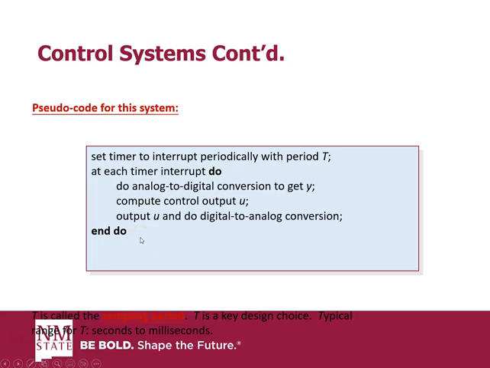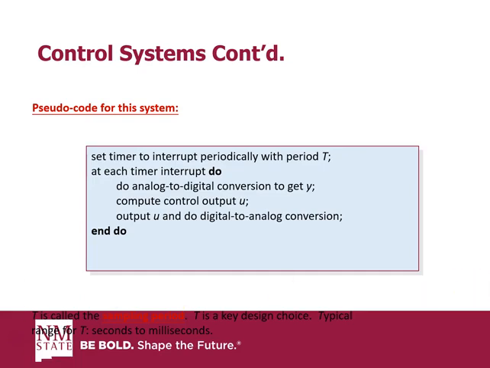continuously adjusting the system. As noted, T is called the sampling period. This is the key design choice as it determines how frequently the system updates its output. The typical range for T is from seconds to milliseconds depending on the application's requirements.